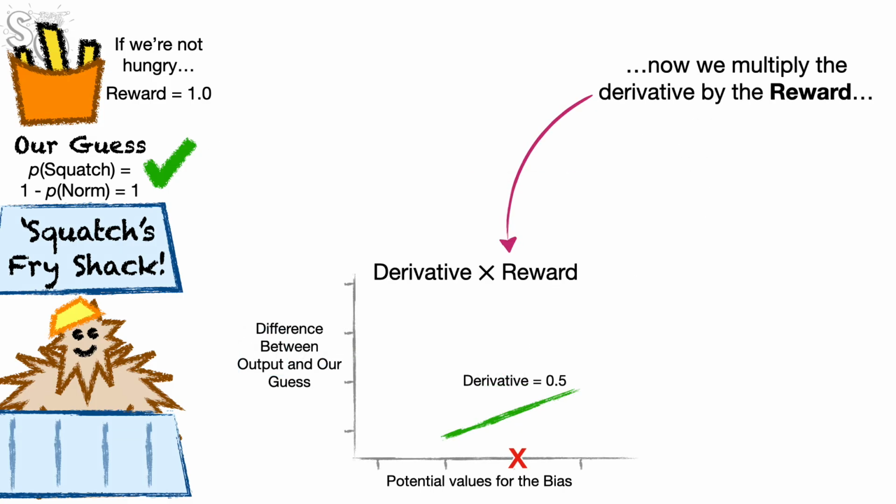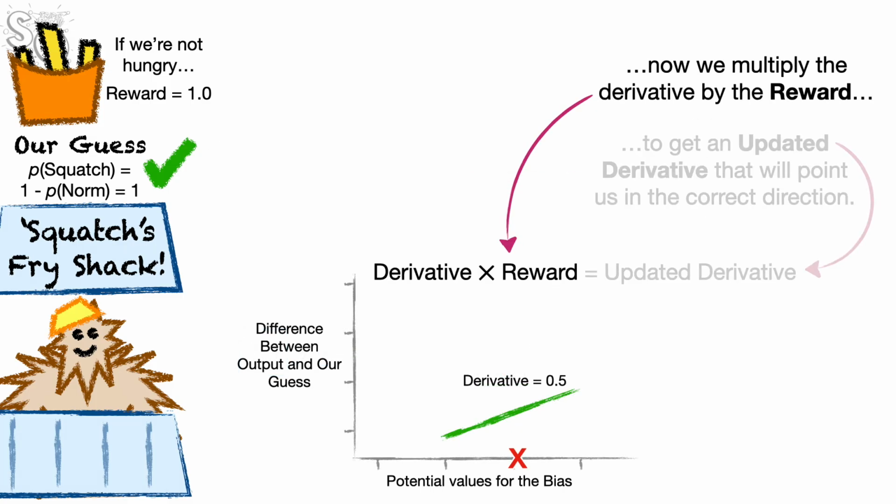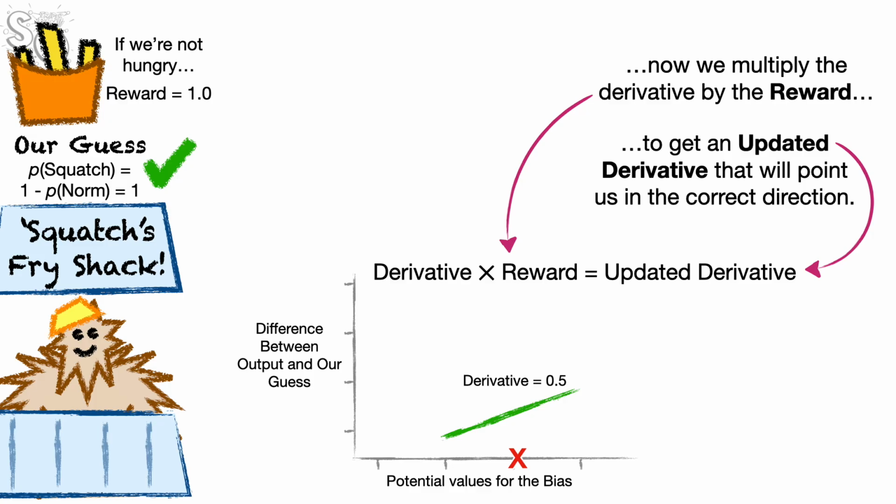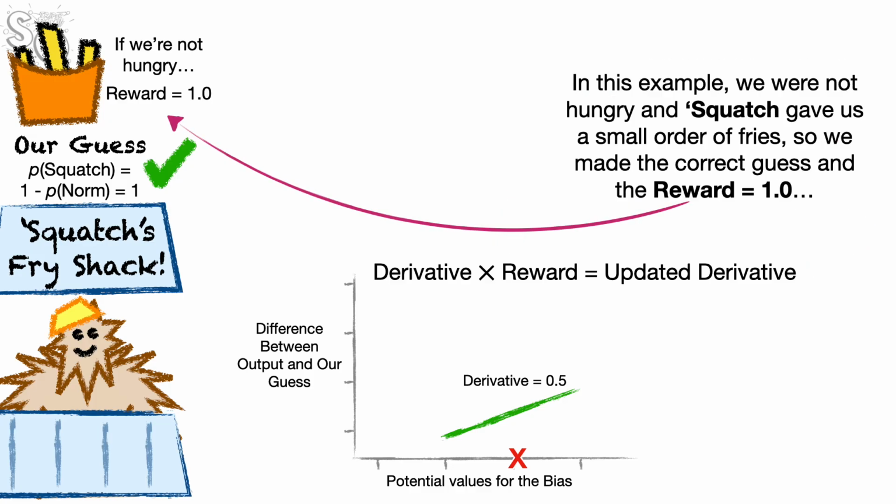now we multiply the derivative by the reward to get an updated derivative that will point us in the correct direction. In this example, we were not hungry and Squatch gave us a small order of fries, so we made the correct guess and the reward equals 1.0.